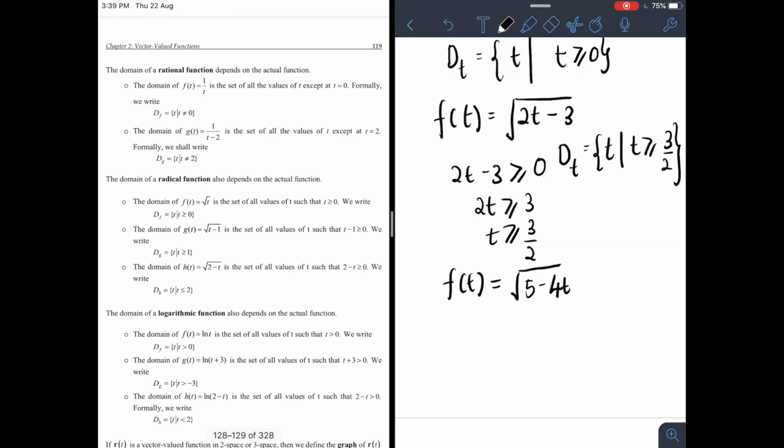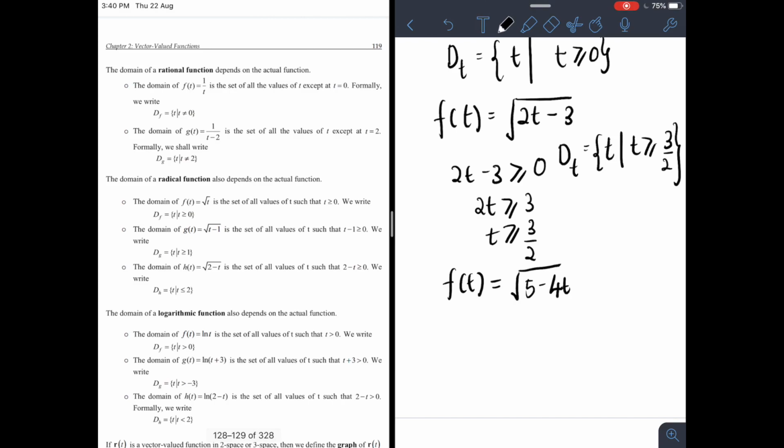So try to use the same approach, which is you need to determine the domain of this function, right? So I will know that this is actually a type of function that belongs to radical function, and I understood that whatever I have under the square root should be larger than or equal to 0.